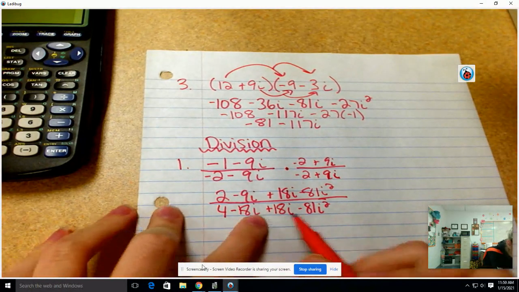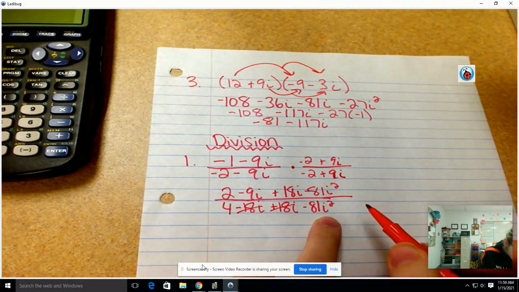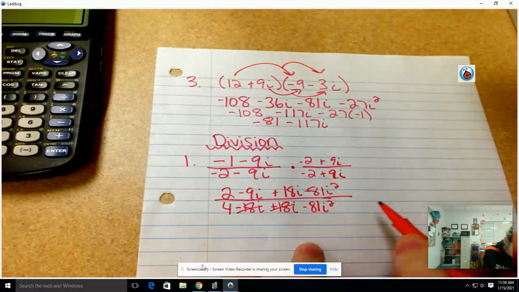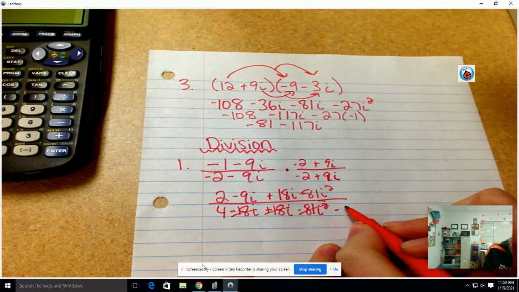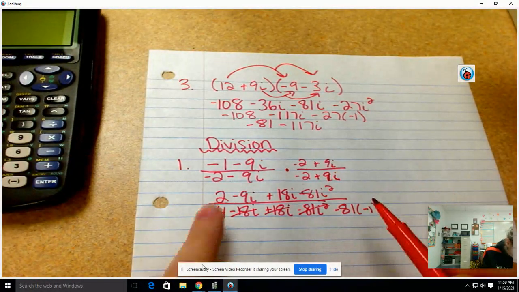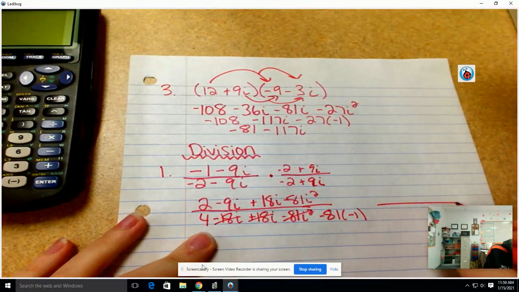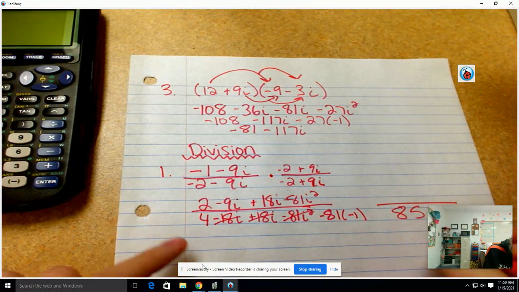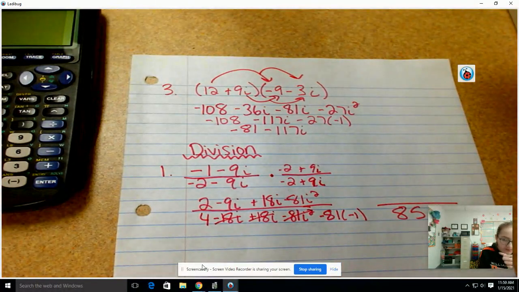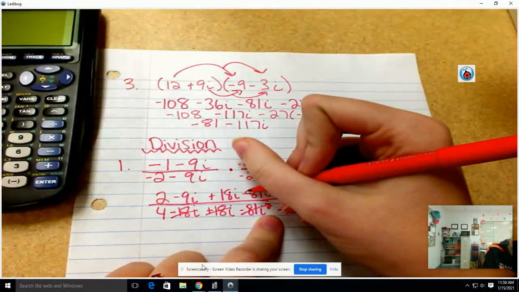So we're going to have negative 18i plus 18i. Those are going to cancel. I can substitute the i squared that's attached to my negative 81, so I'll have negative 81 times negative 1. So I'm going to have 4 plus 81, which gives me 85 on the bottom. I'll combine like terms and simplify over here.